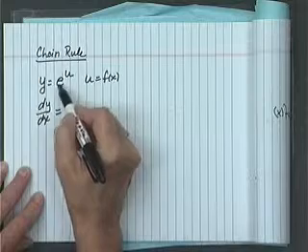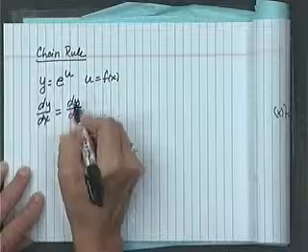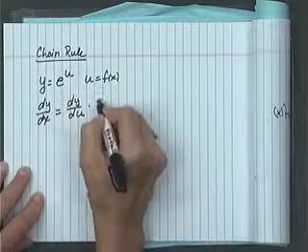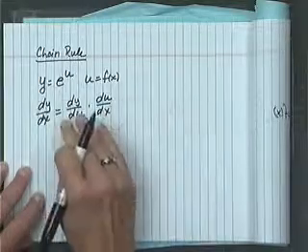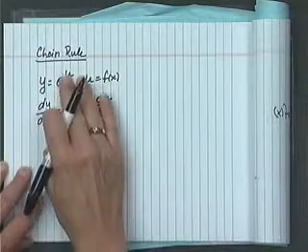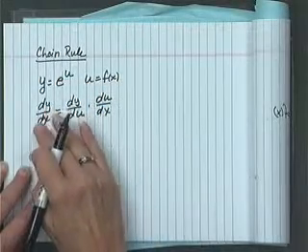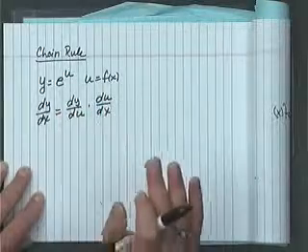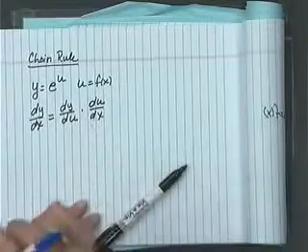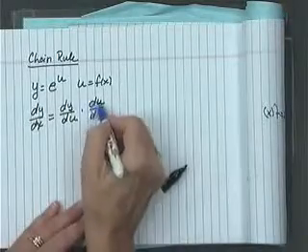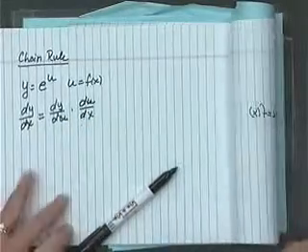So we take the derivative of y with respect to u, because y is in terms of u, and then we multiply it times the derivative of u with respect to x. y is a function of u, u is a function of x, so the chain rule to find dy dx is dy du times du dx. You can sort of think of those little increments as little changes in y over change in x. They kind of divide out, and that's how you get your dy dx. This looks worse than what it is.